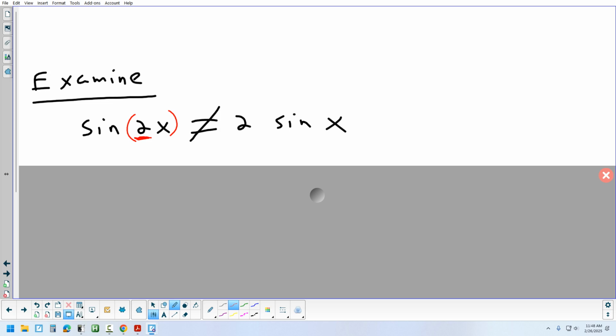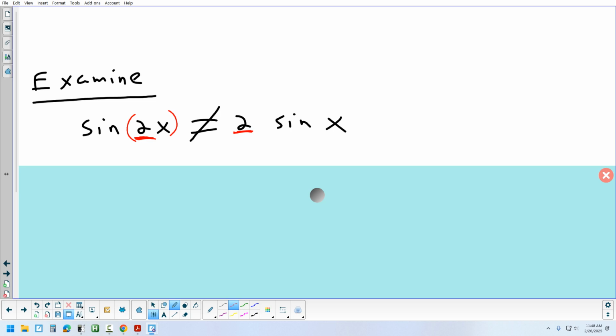Yeah, this would squish it horizontally. What would this 2 do? That would stretch it vertically. Is stretching vertically always the same as compressing horizontally? No. Maybe you could find some weird example where it works out, but no, these aren't the same.